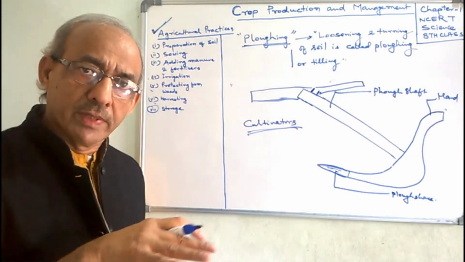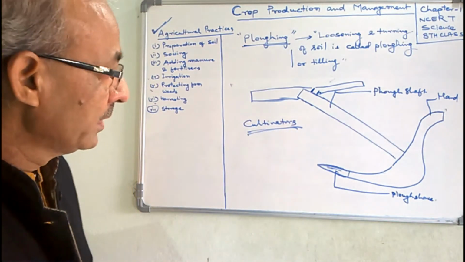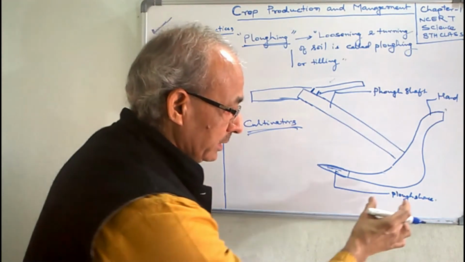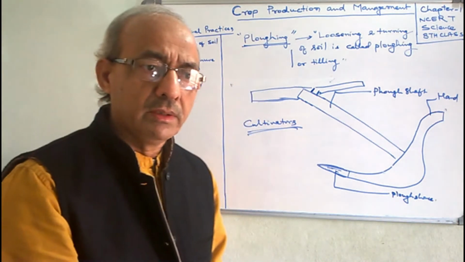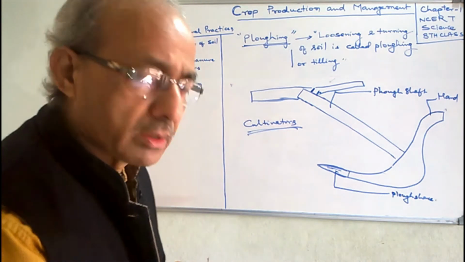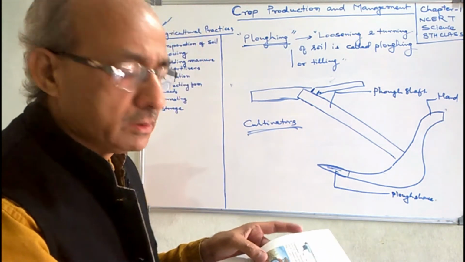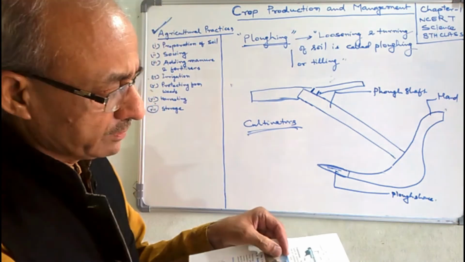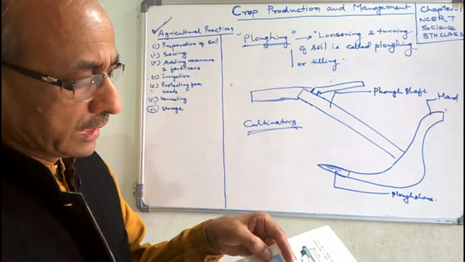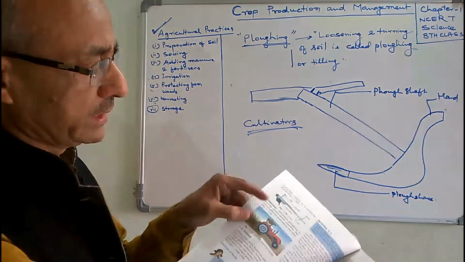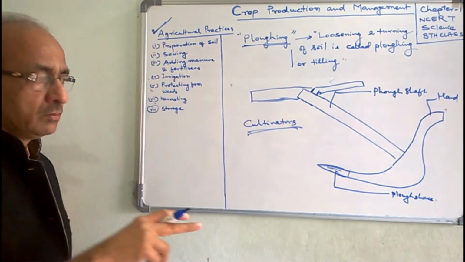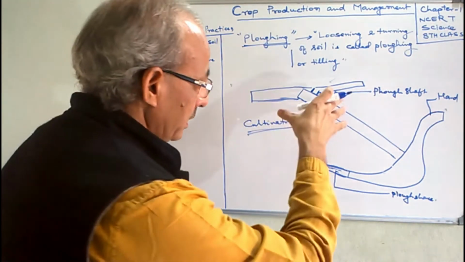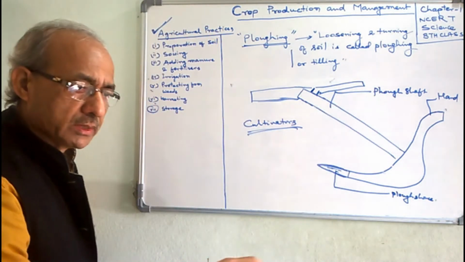Cultivators are pulled mainly by tractor, and have many plough shafts. There are 9, 10, or 11 stripes fixed on the arrangement here. So these are two main agricultural implements to plough the lands.